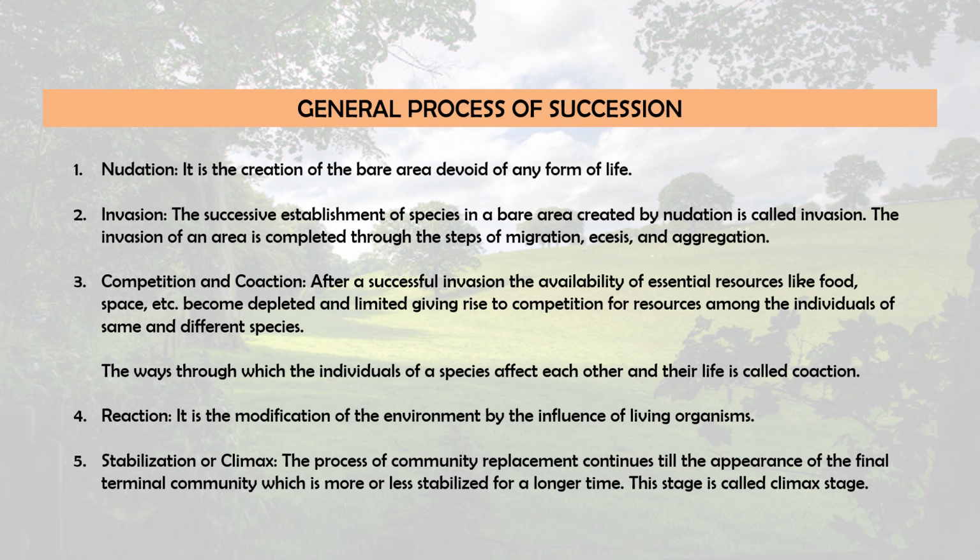The next process is reaction. It is the modification of the environment by the influence of living organisms. So it is not only the environment which produces effects on plants, animals, or microbes; the plants or animals also affect their environment.